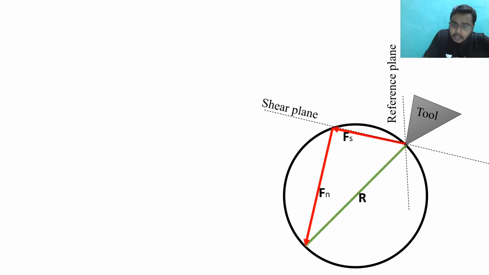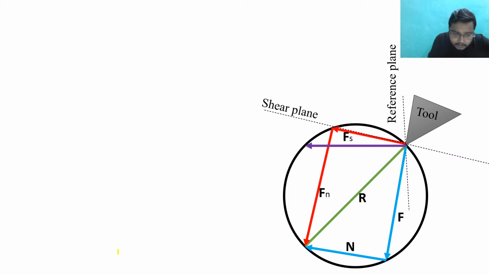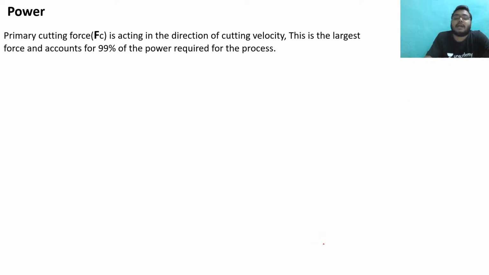This is the resultant R. This is a frictional force F, and this is the normal to the frictional force N. They are making some angle beta, which is the friction angle. And there is another, the cutting force, and in this direction the thrust force, tangential force, Ft is acting.